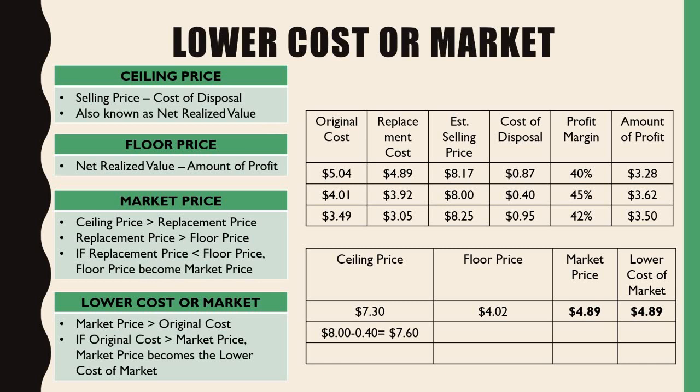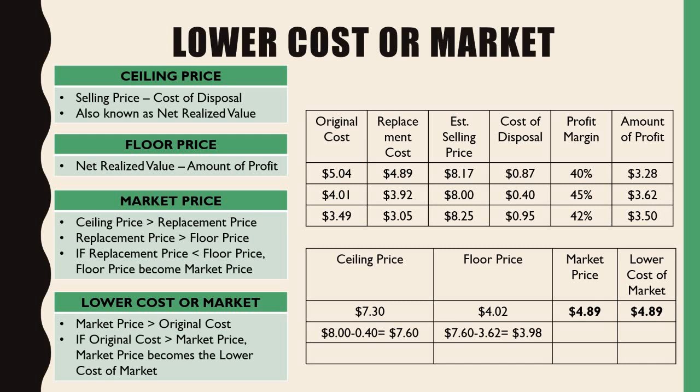Is it 3.98? Let's see. Yes, so we take 7.60, which is your net realizable value. It's the same thing as your ceiling price. We're going to subtract the amount of profit of $3.62 to get a total of $3.98.